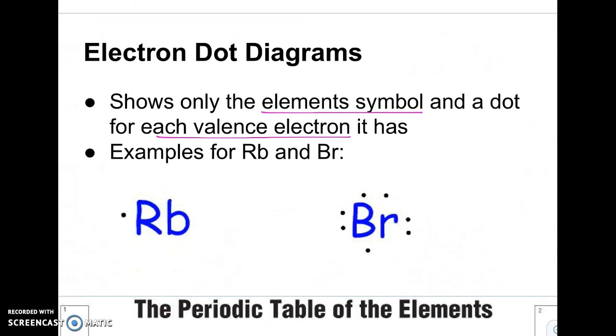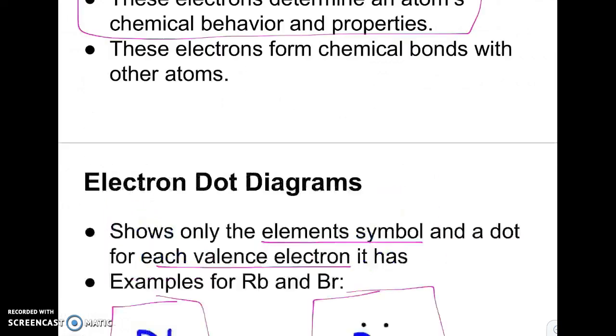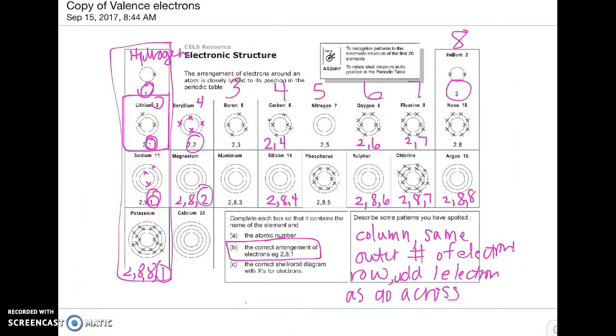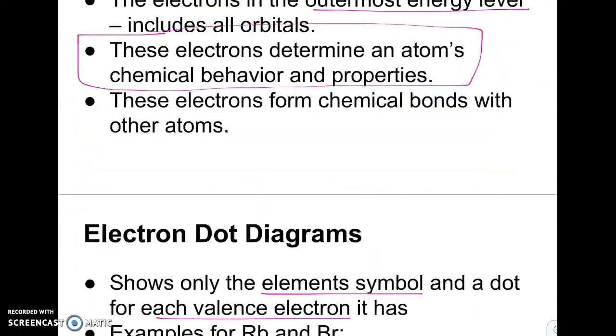So an example here is rubidium. Rubidium is in the first group with lithium, sodium, and potassium, which had only 1 in its outer ring. So we write the symbol Rb, and then we put 1 dot to symbolize that 1 valence electron. The second one we have here is bromine. Bromine is in the same group as fluorine and chlorine, which have 7 valence electrons.